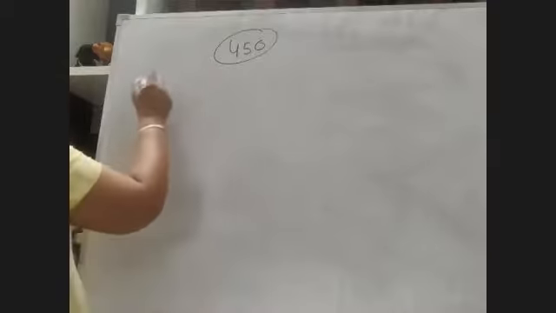Find all prime factors of number 450. Yes, friends, now see our last digit is 0. It means 450 is an even number. So we divide by 2. On the rough side, 450 divided by 2. 2 2s are 4. Next number is 5. 2 2s are 4. Difference 1, 0.